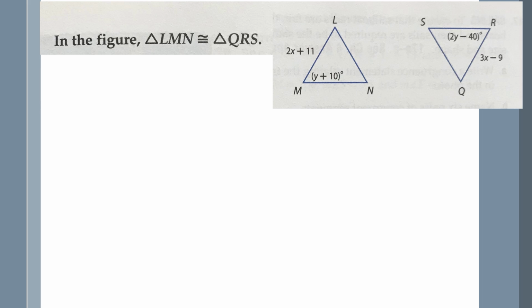Okay, so these two triangles are equal. So, like I said, it always helps to mark the diagram up. So L matches up with Q, and M matches up with R, and N matches up with S. Okay.